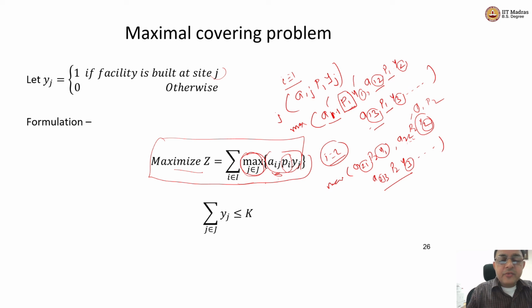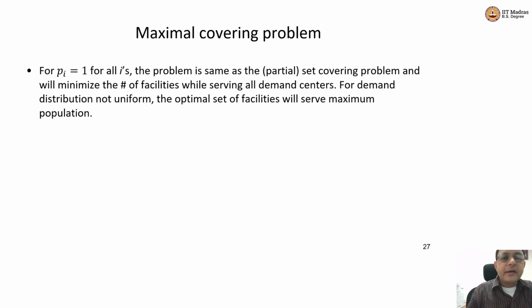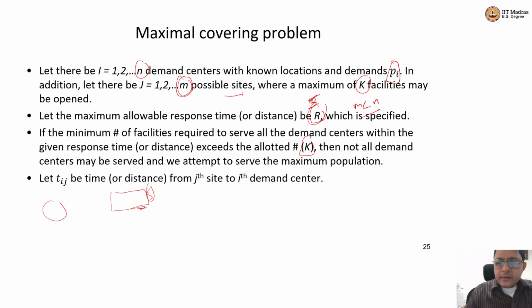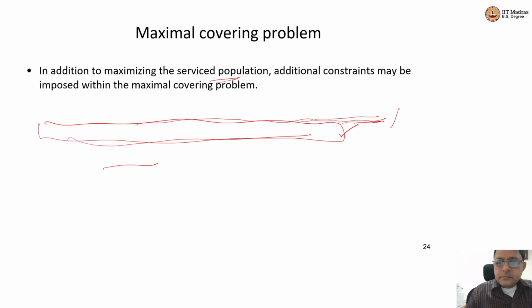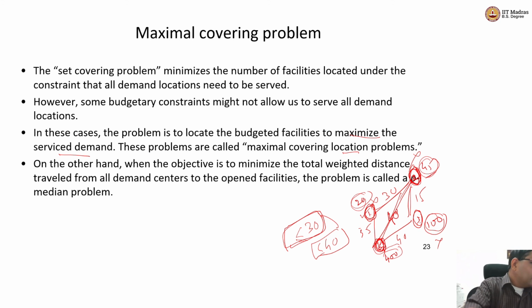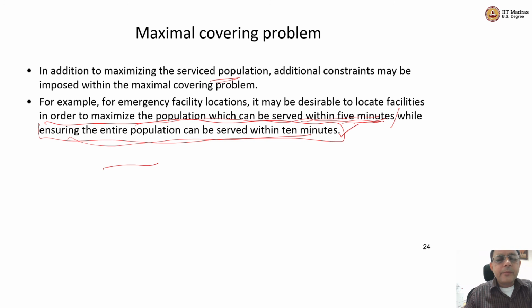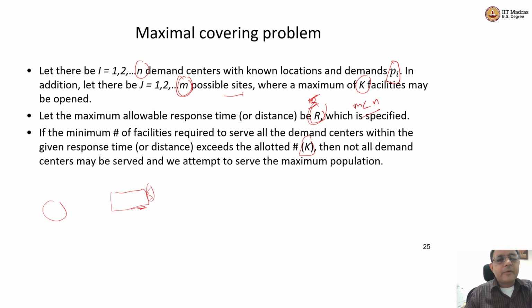The second constraint is to ensure that... So Pi, if Pi is 1, right? If demand is the same at all locations, which is 1, then essentially your maximal covering problem behaves much like a partial set covering problem, right?